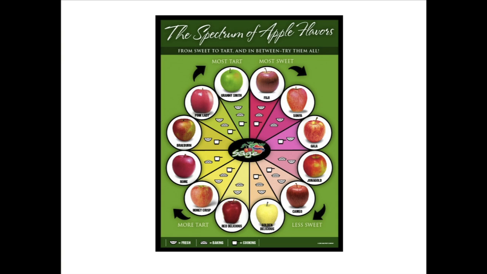And these have been selected for different characteristics, including tartness, like the Granny Smith, the Pink Lady, the Braeburn, another one of my favorites, or more sweet, like the Gala apple or the Fuji, less sweet, and again more tart, like the Golden Delicious, and more tart might be more like the Red Delicious.